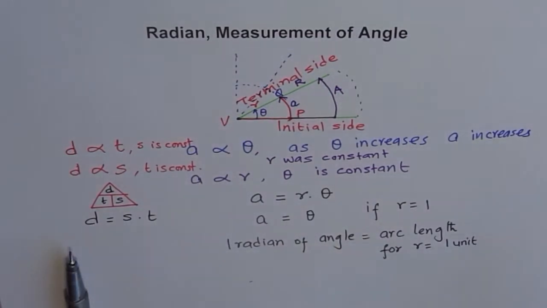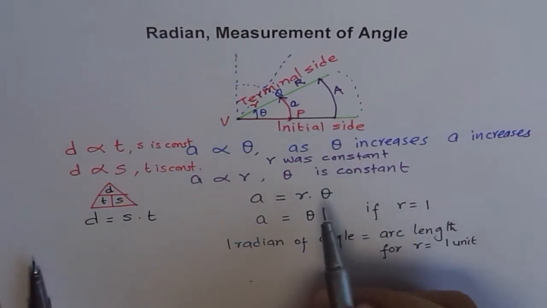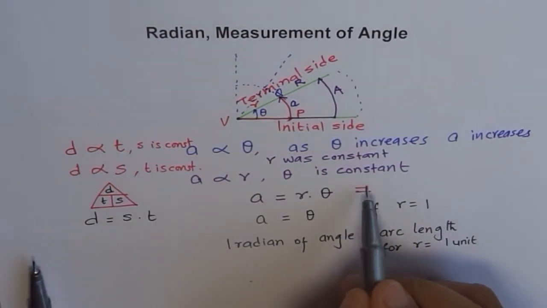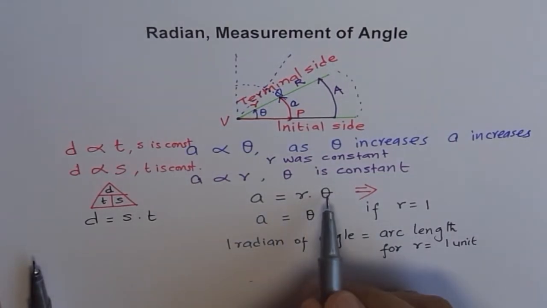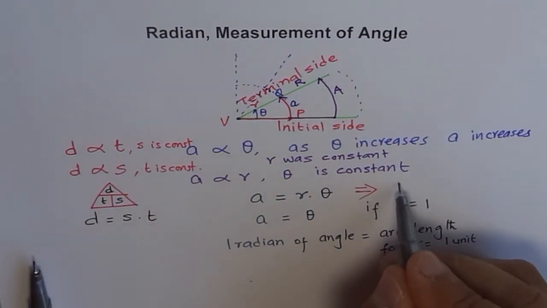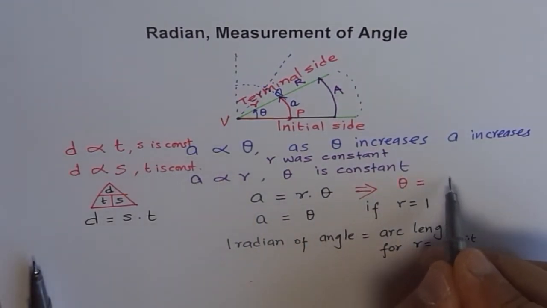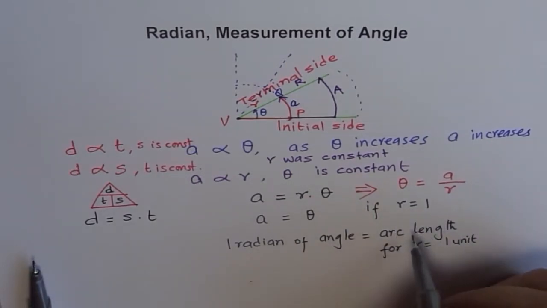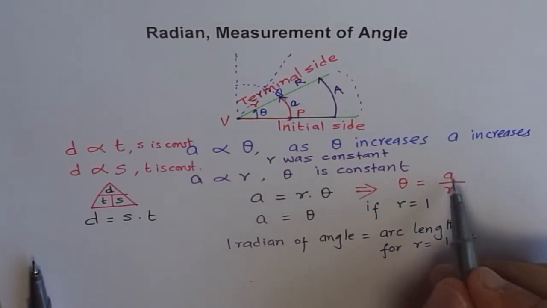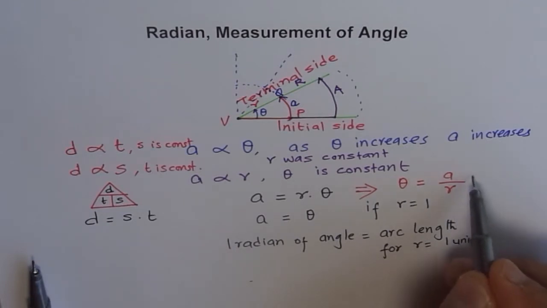Now what are its units? We'll simplify this relation to find the units. So we wrote A equals r times theta. That means theta equals what? We can divide by r both sides, correct? In that case we get theta equals A over r. Now for units, let's say A is a length, in centimeters, and r is also a length, also in centimeters.